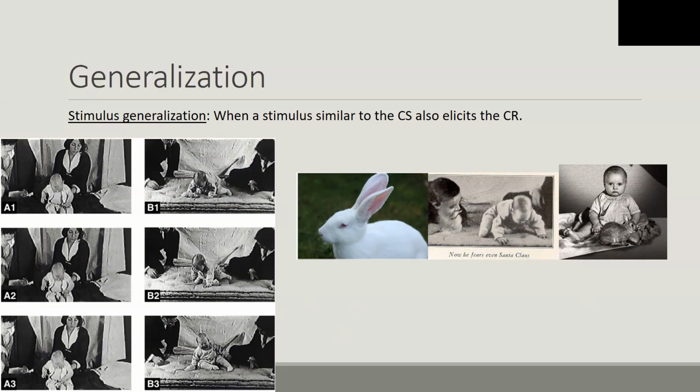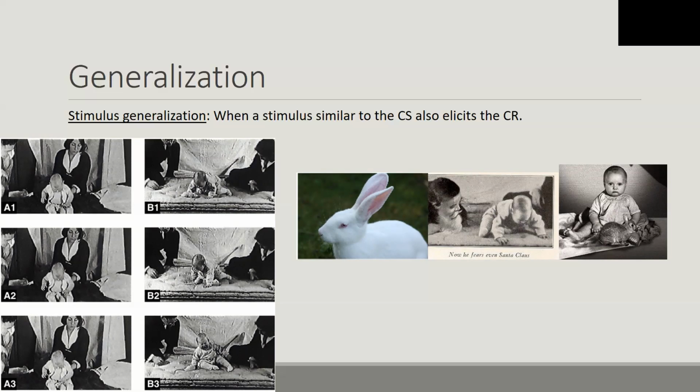So essentially, the stimulus generalization generalized to all sorts of small white animals and small brown animals. Poor little Albert just had a real fear of basically all small animals. Interestingly enough, it also generalized to a white Santa beard. So anything that was white and fluffy, because the conditioned stimulus was a white fluffy rat, it generalized to everything that was white and fluffy. So he even began to fear Santa Claus.